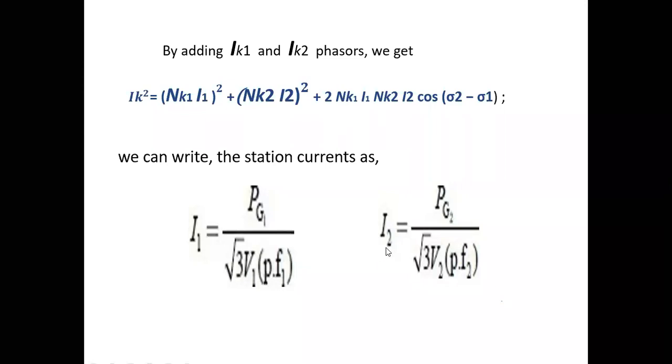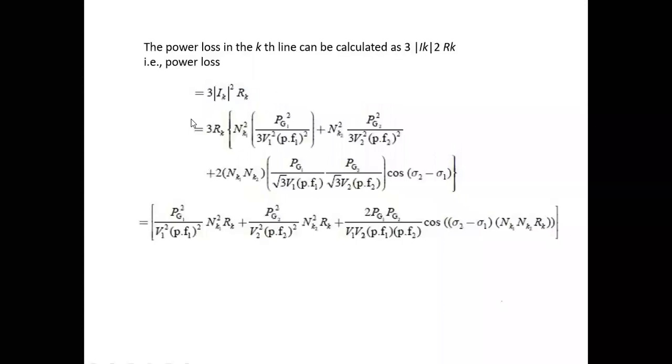Similarly we can write I2, which is given by Pg2 divided by root 3 into V2 into power factor 2. Let us substitute these I1 and I2 in the total current. The power loss is 3 into I square R, so substitute the total current IK in this form. Finally you will get this equation.